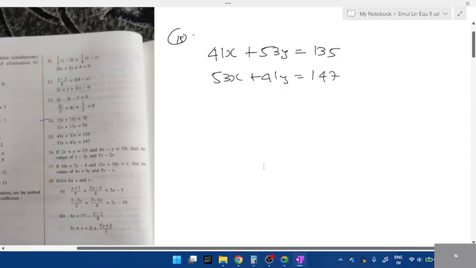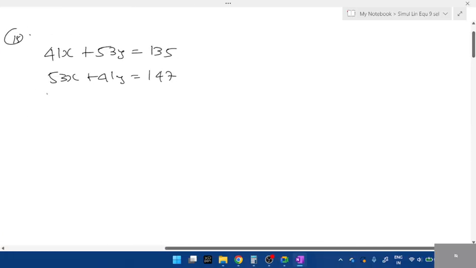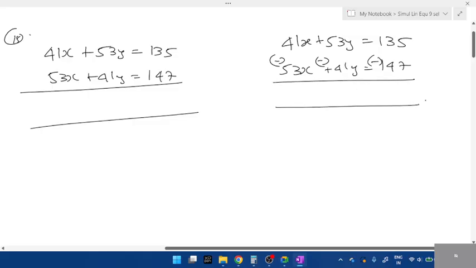We have to add or subtract. Yes. First add them. Then subtract them. Find the answer, students. I'll give you all 2 minutes. Try to solve this.